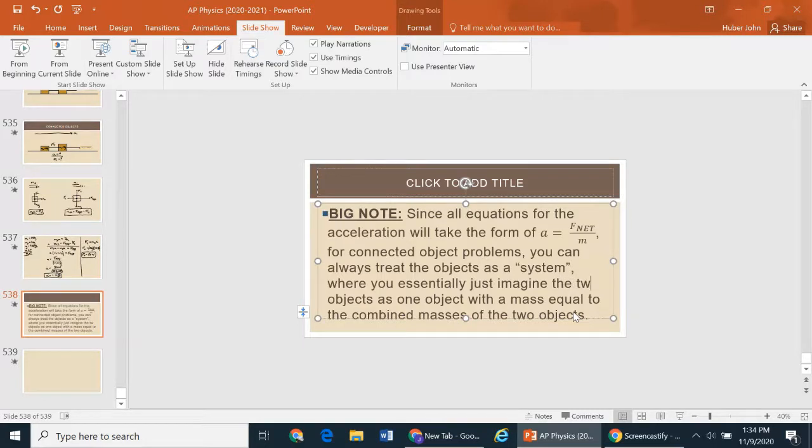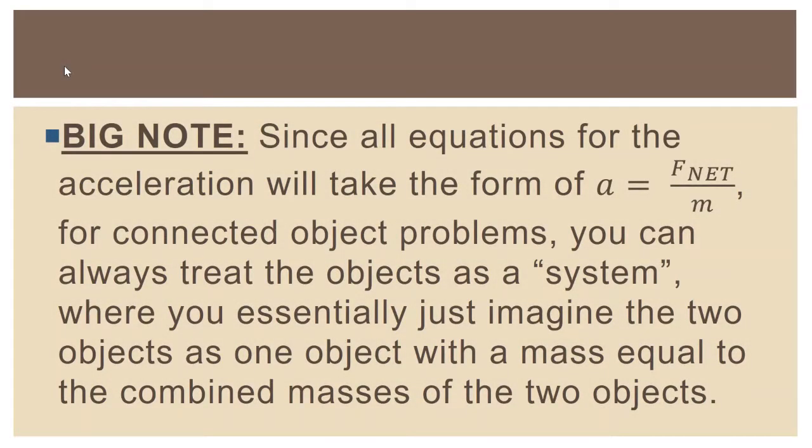And notice when we do that, if you look at the acceleration equation that we just came up with, it basically is just imagining the problem as the applied force of 30 newtons being attached to just the one 25 kilogram object. Now, obviously, there's not just one 25 kilogram object, but we can treat the two connected objects as having a total mass equal to the sum of their masses.